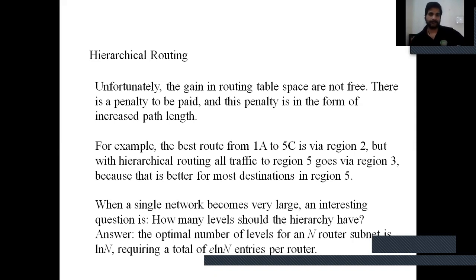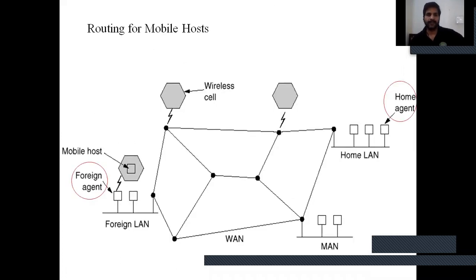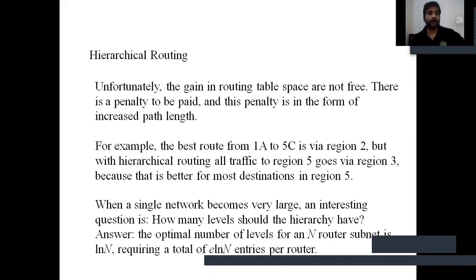For example, the best route from 1A to 5C is via region 2. But with hierarchical routing, all traffic to region 5 goes via region 3, because that is better for most destinations in region 5.